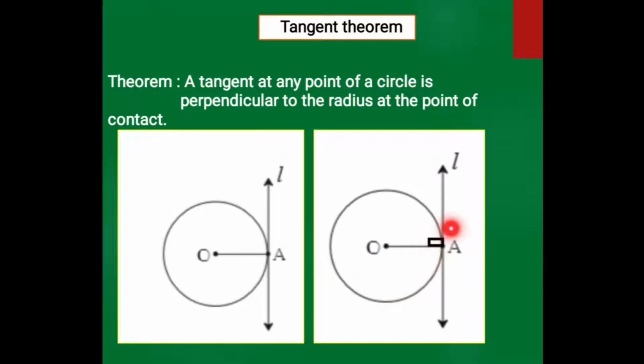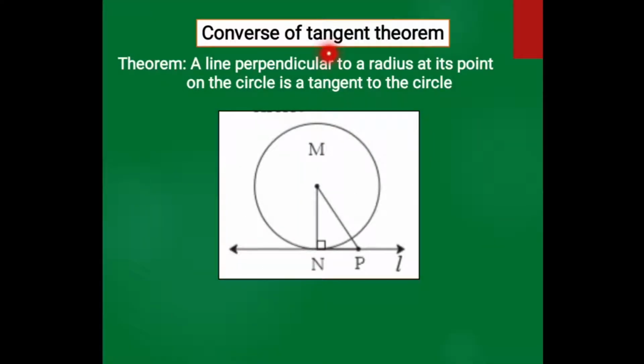We represent that this tangent L is perpendicular to radius OA by this perpendicular symbol. This line L is a tangent of this circle, and A is the point of contact.